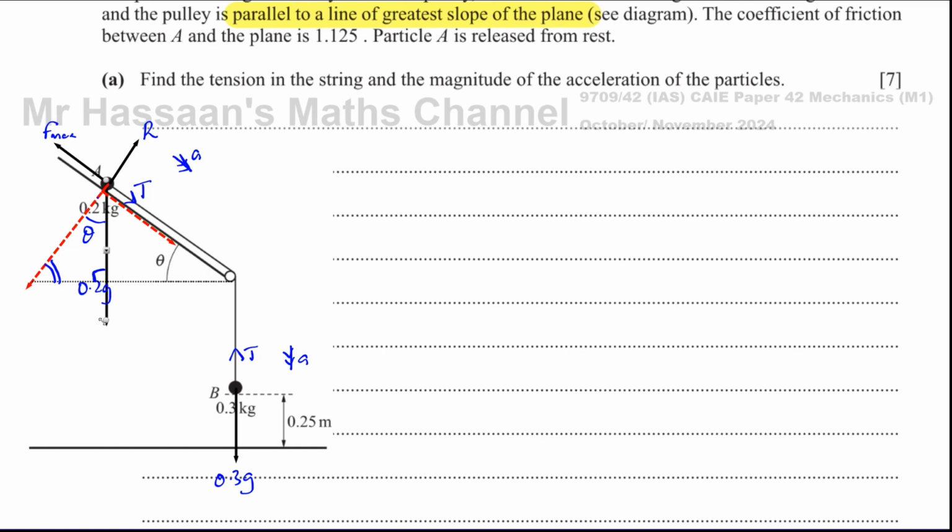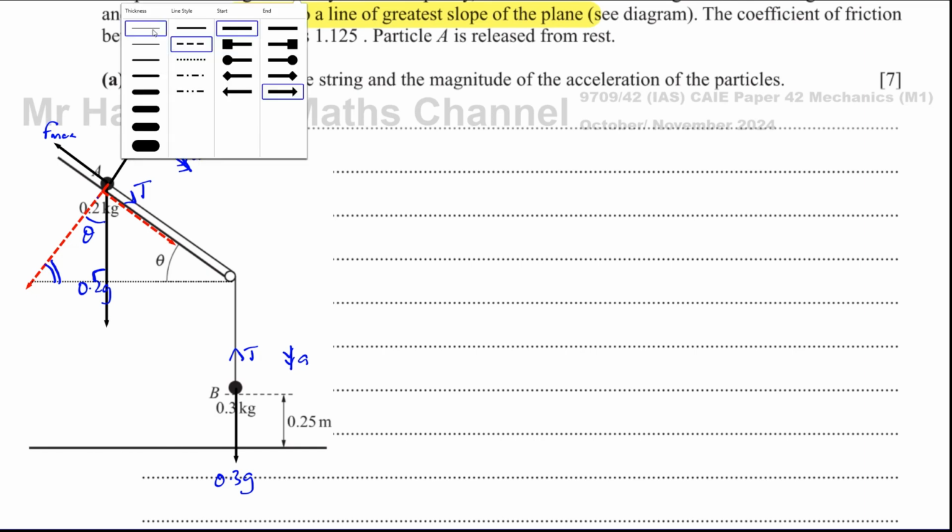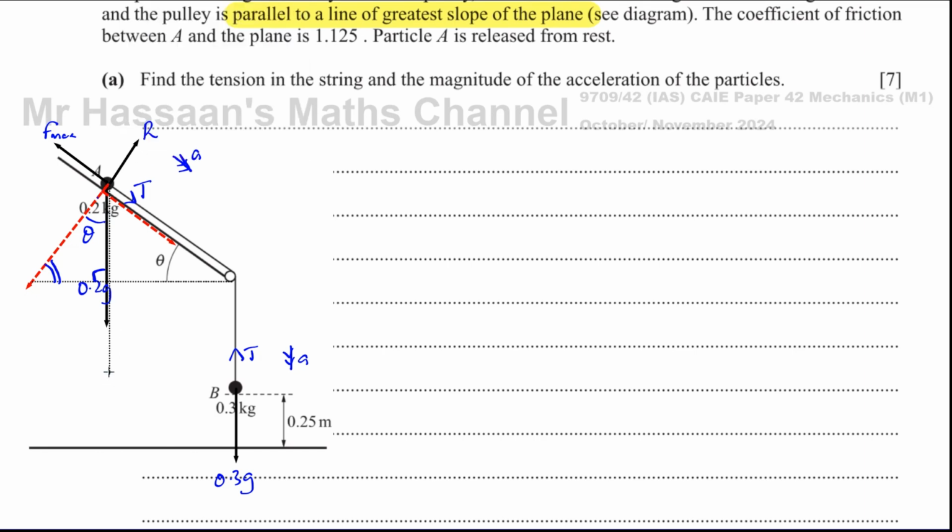Let me put another line here to make it clear. So if we want to take this, let me just arrange it, one second.